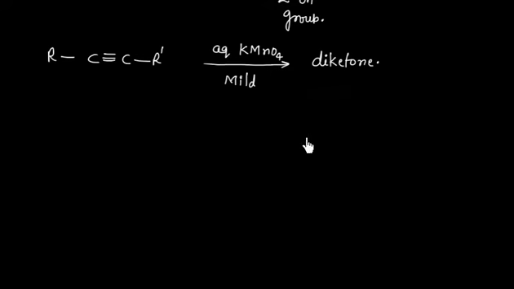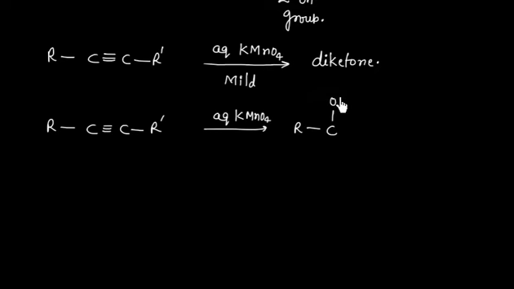The reaction is very similar. Alkyne reacts with aqueous KMnO4. First it forms a similar product as alkene.